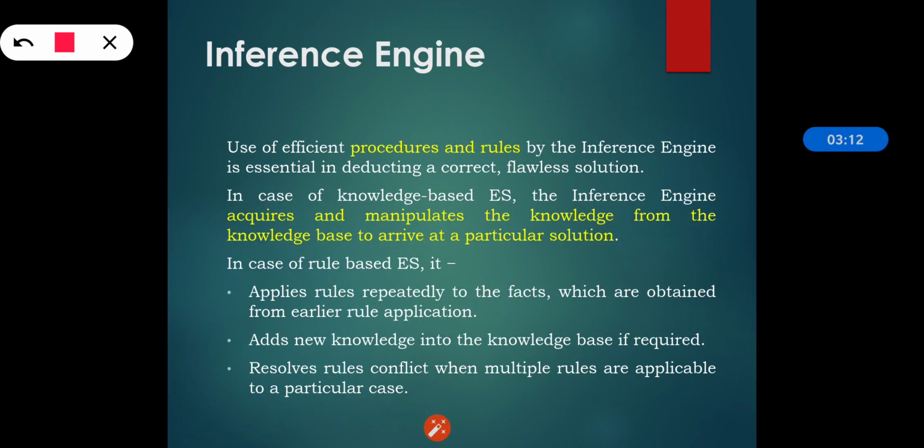Then the next component is the inference engine. The use of efficient procedures and rules by the inference engine is essential. Why? Efficient procedures and rules are necessary so that we can have a correct and flawless solution. In a knowledge based expert system, the inference engine acquires and manipulates the knowledge, and that knowledge comes from the knowledge base so that we can give a particular solution.